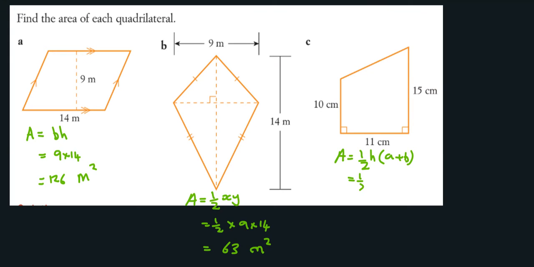Okay, so we got half multiplied by the height, 10 plus 5, and let's move this out, times 11 times 15, and that gives us 137.5 centimeters squared, and we've given that to 1 decimal place.